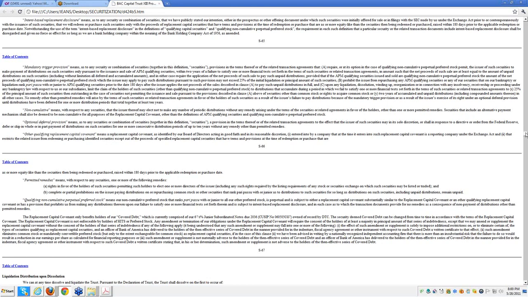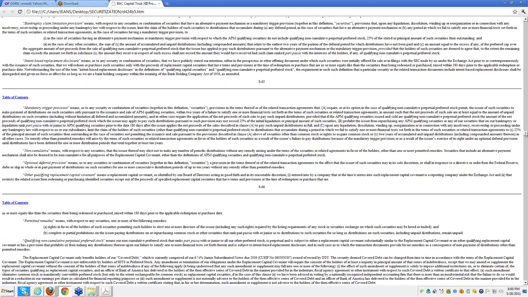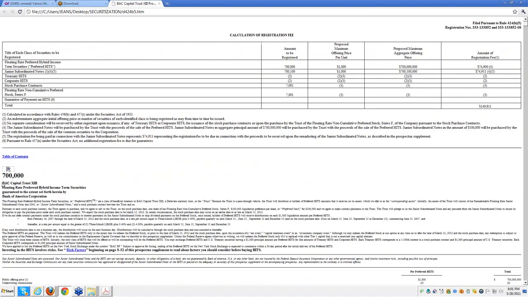See, this is the name of the REMIC. This is the REMIC right here. It says BAC right here. BAC, Bank of America Capital Corporation Trust is what that means. Yeah, Capital Trust. This is a company. It's a Delaware company, registered in Delaware.